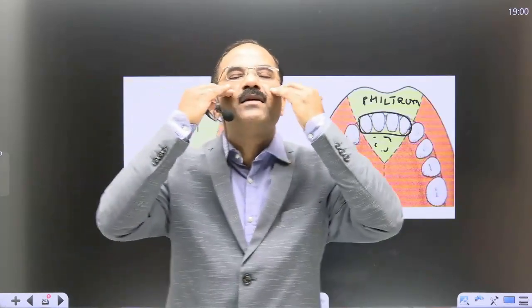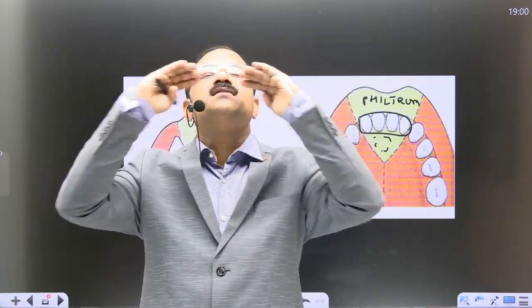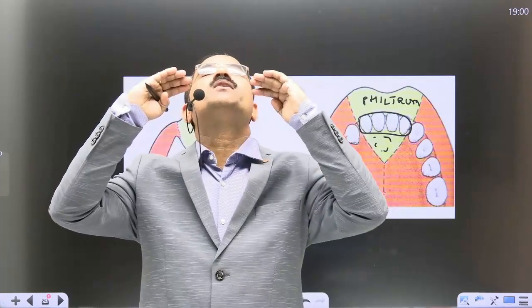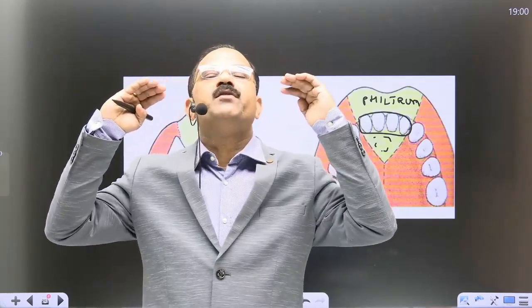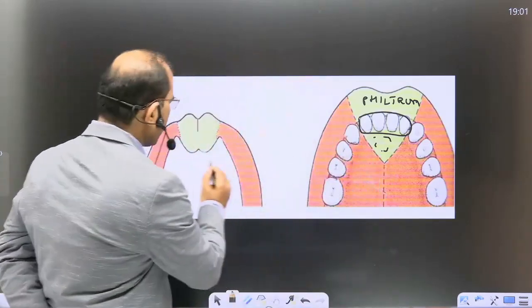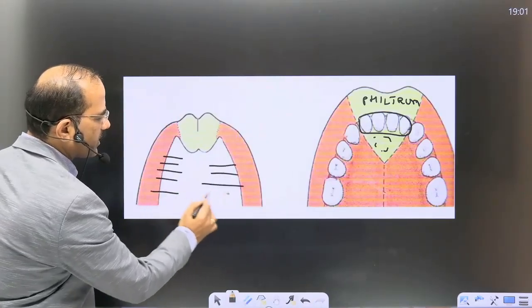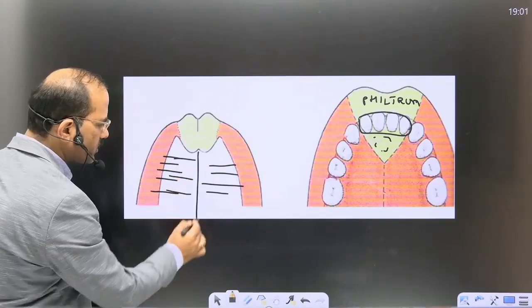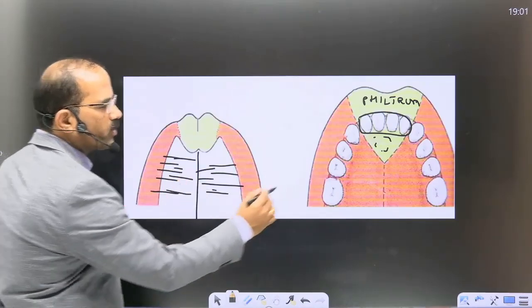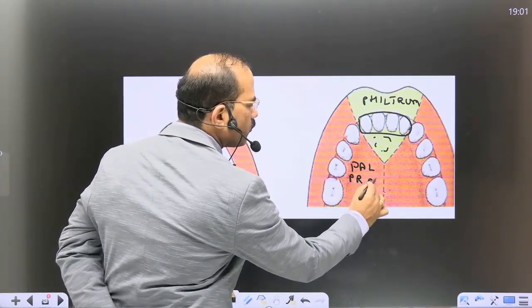Now that's the maxilla bone, and this maxilla will be sending two processes like this, one from this side and one from this side. And these two processes are going to fuse in the midline. What do we call this process? This is known as the palatine process of maxilla.